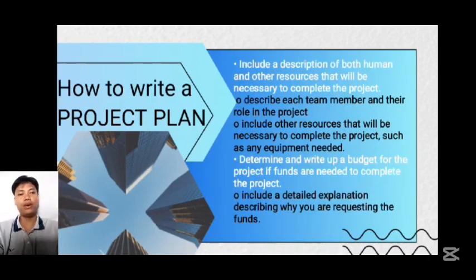The fifth one is to include descriptions of both human and other resources that will be necessary to complete the project. It describes each team member and their role in the project. The second one is to include the resources that will be necessary to complete the project, such as equipment needed.